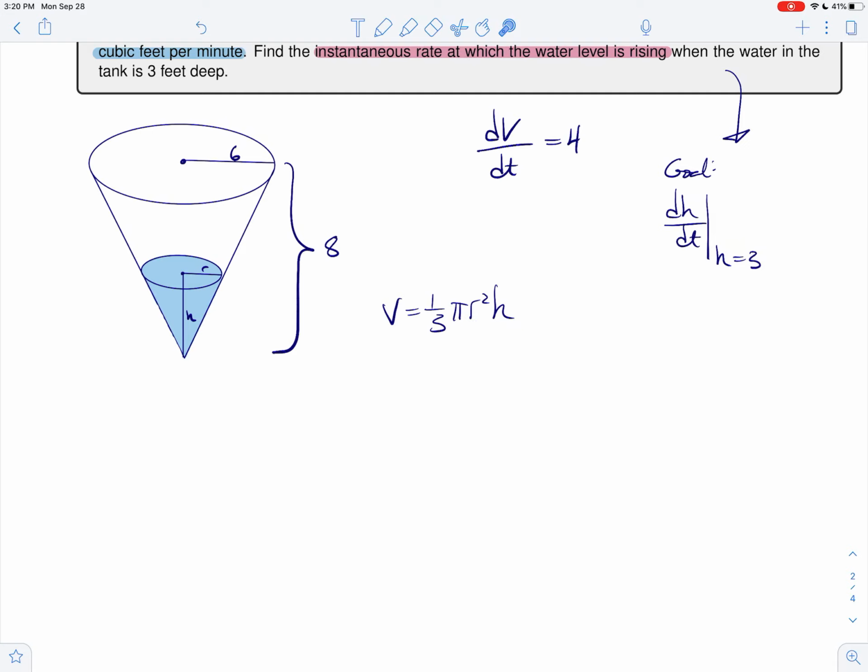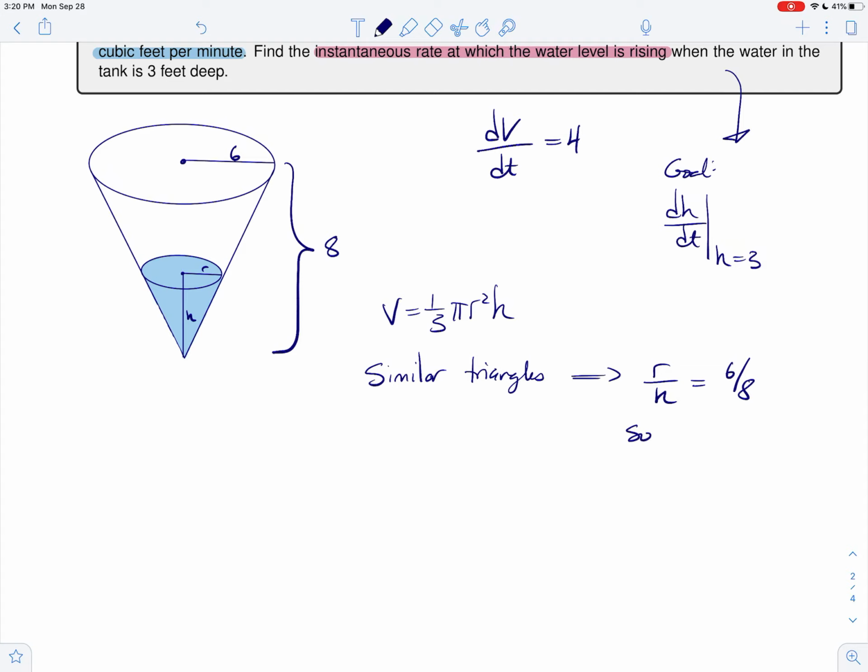And so looking at a second relationship between r and h, I realize, look, there's this triangle thing going on, right? This triangle is 8 and this is 6. And it's similar to this triangle with r and h. And so you know that similar triangles imply that r/h is equal to 6/8.